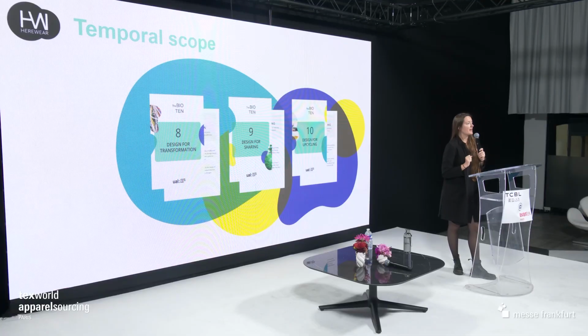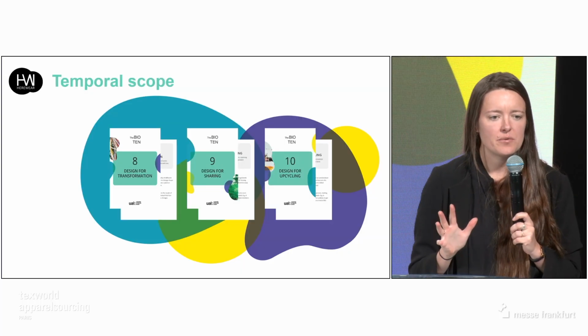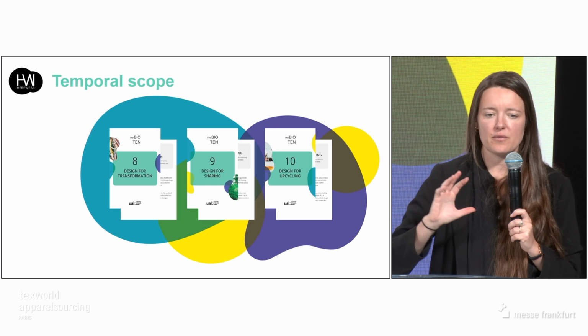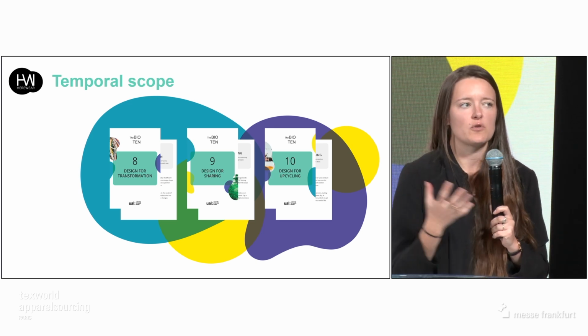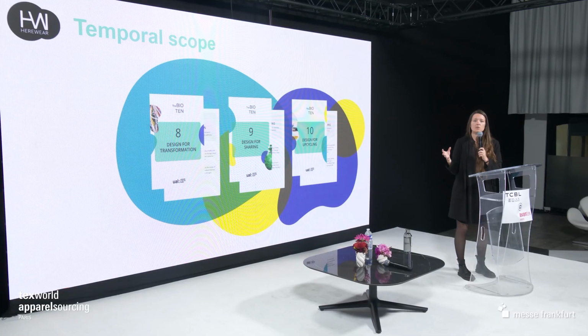And then finally, our temporal scope is maybe the bigger picture, slightly more speculative approach that brings together both time and longevity, but also the social and community element of fashion. Design for transformation, thinking about how you might extend life cycles by changing a detail, having a cuff that comes off, but really thinking about that in respect to circularity and longevity as well.